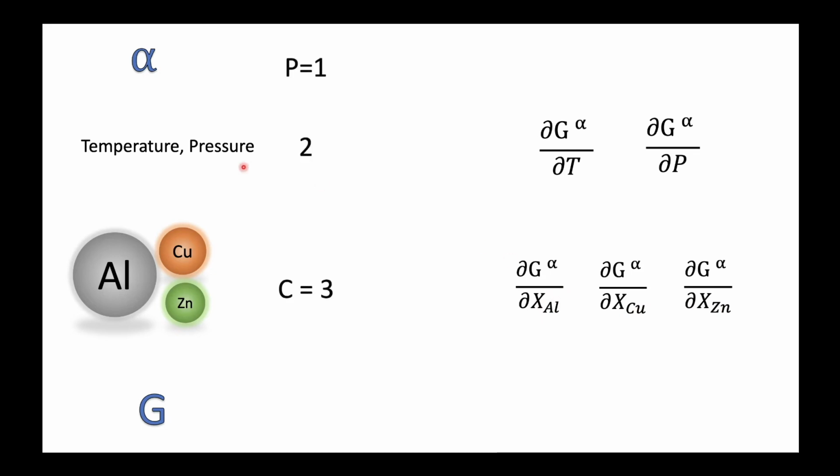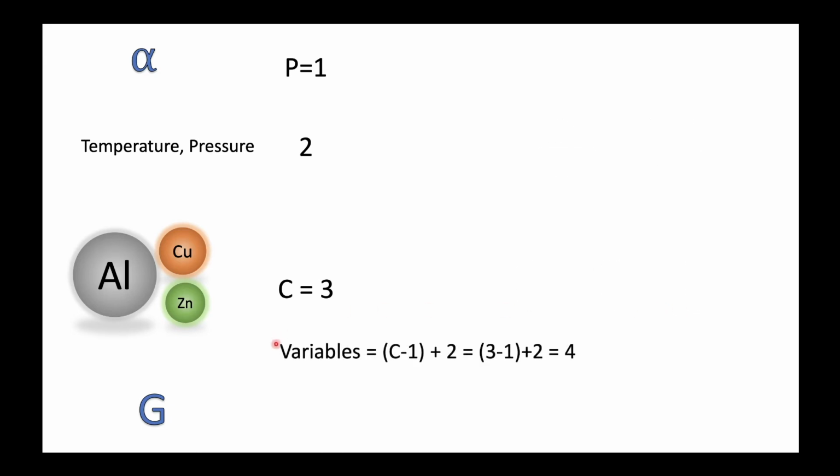So you had two variables from temperature and pressure. The number of components was 3, but the actual variables are just 2 because the third component's amount is fixed by the first 2. So basically you have, in this case, C minus 1 variables, that is 3 minus 1, and then two broader variables, which are temperature and pressure. So you have 4 variables in this case.